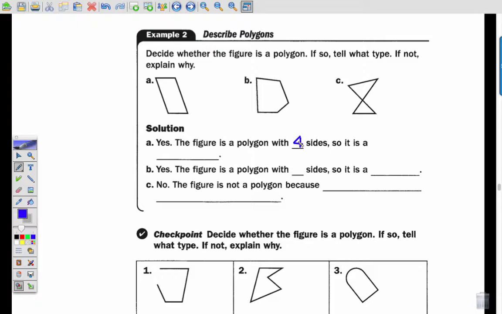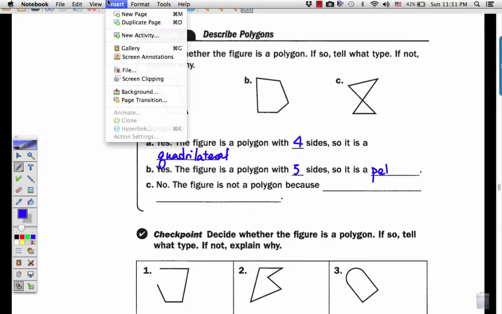For 4 sides, quad means 4, right? Quadrilateral. Then the second one, we have 1, 2, 3, 4, 5 sides. And for 5 sides, we have a pentagon. Oops, I misspelled it.